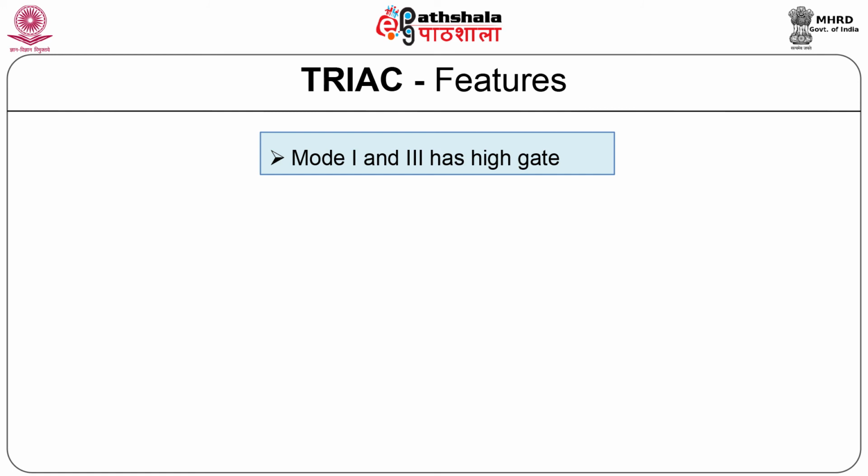TRIACs are advantageous because of low cost and easy control. The limitation of TRIAC is that TRIACs cannot be used for high power because of technological limitations. For high power, there was no bidirectional device.